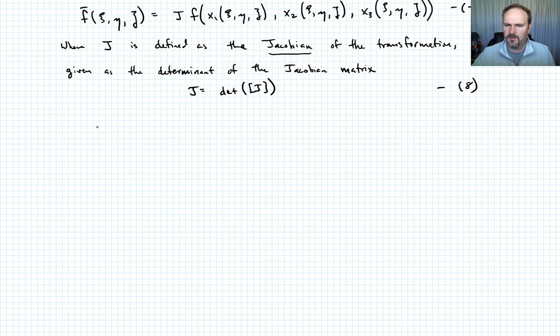And what does that matrix look like? Okay, where this matrix J is just equal to, it's a 3 by 3 matrix.